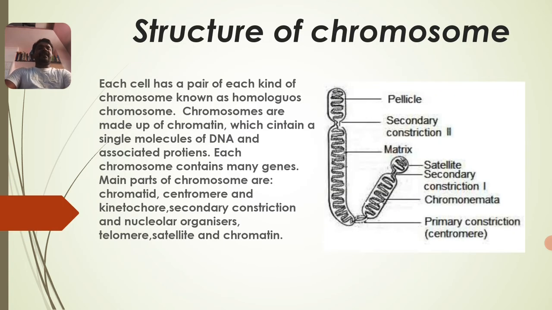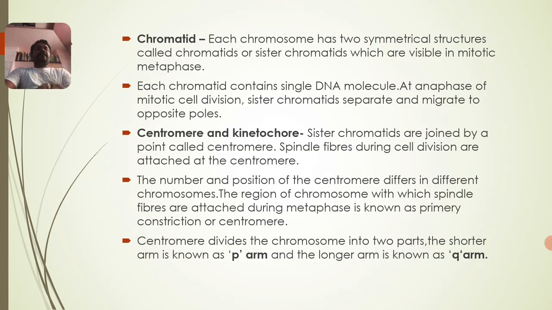See here in the diagrammatic representation, the primary constriction is the first narrow portion occurring between the two chromatids, where the centromere is present. Another name for it is the centromere.